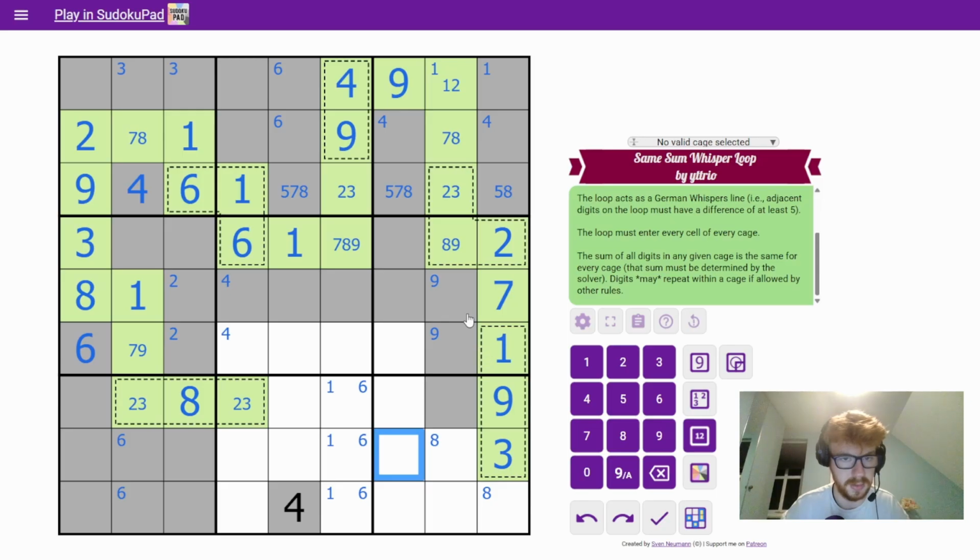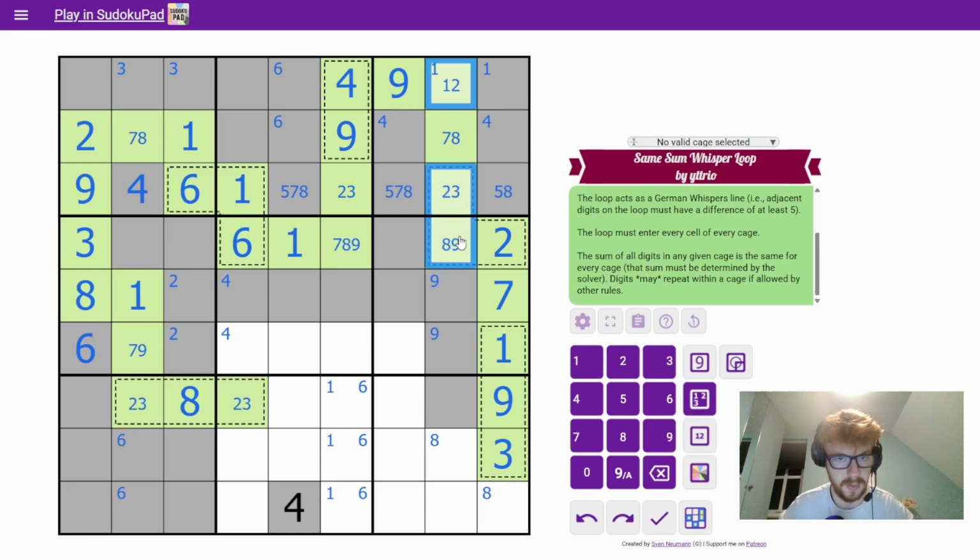I'm unsure, right? Because that can just be 9. Why can that not be 9? I want to know what this is, basically my point. If I know what this is, I think the whole puzzle folds open. That can just be a 7, and we'd be fine. That can be a 7 with a 1 and a 2 and a 9. Why is that impossible? Please give me a good reason. If this is a 1, 2 pair, that is a 3, that's a 4.